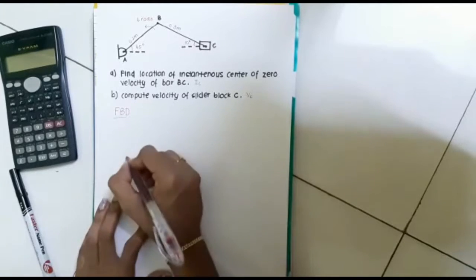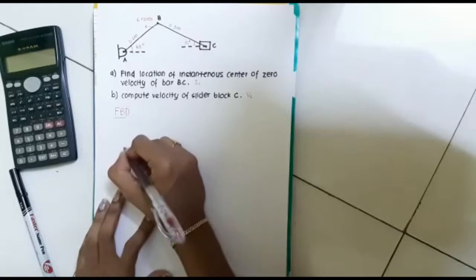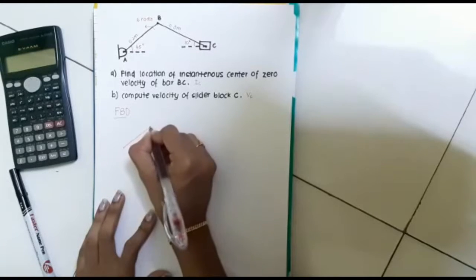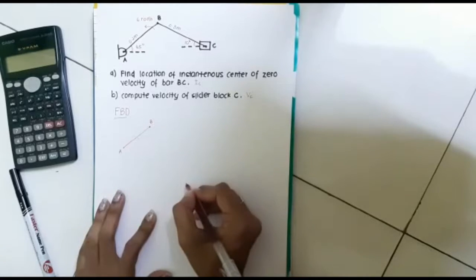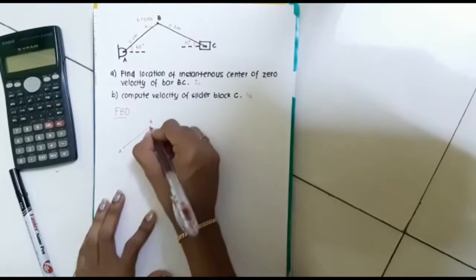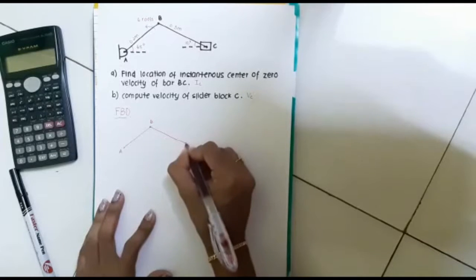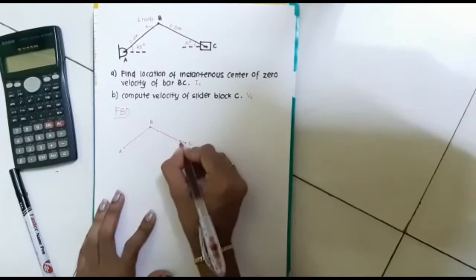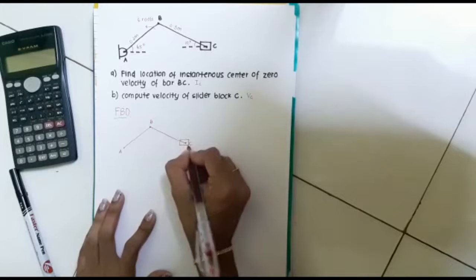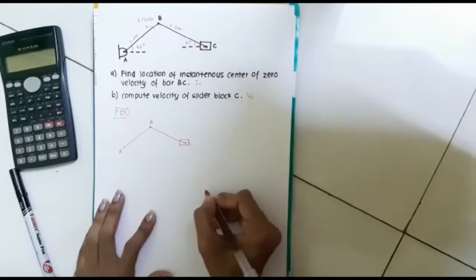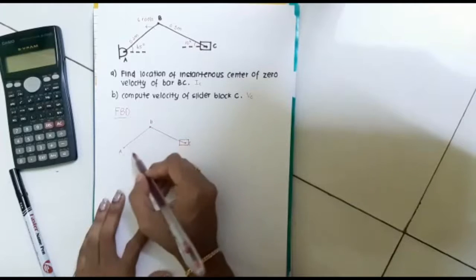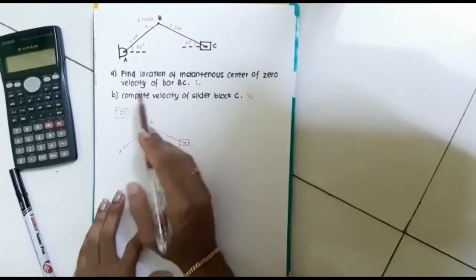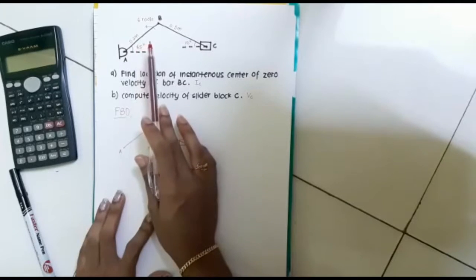So, first we draw link A to B, A, B. Then link B to C. So, from A to B, there is an angular rotation of 6 radian per second.